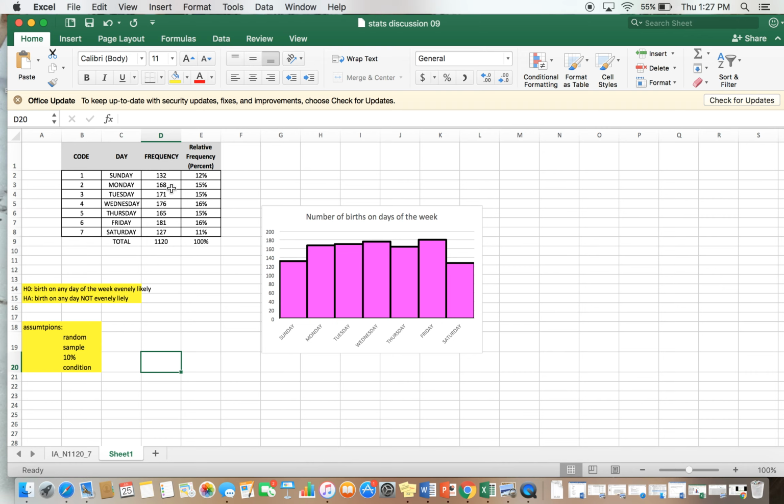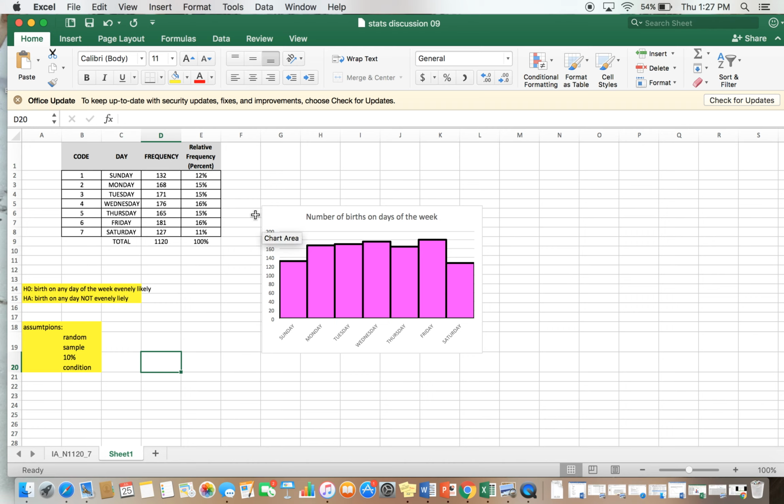So these were the numbers of exact births that happened on each day of the week and their relative frequencies or percentages. So the first thing I did was I made a histogram displaying that information. As we can see on this histogram right here, there isn't really a lot of big spikes or big dips in our data.